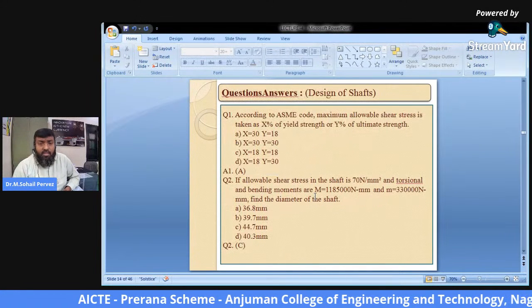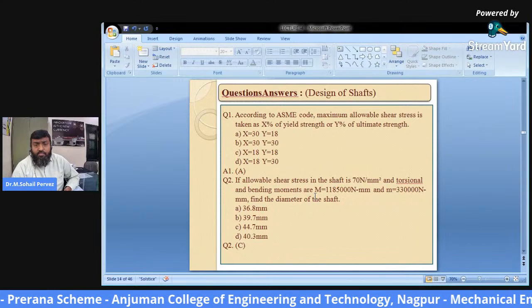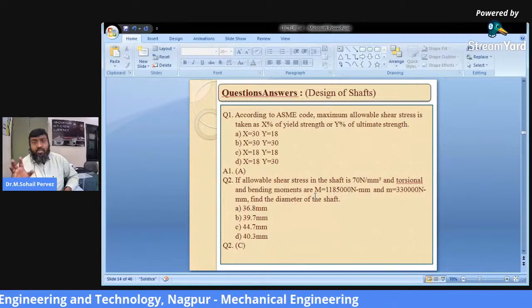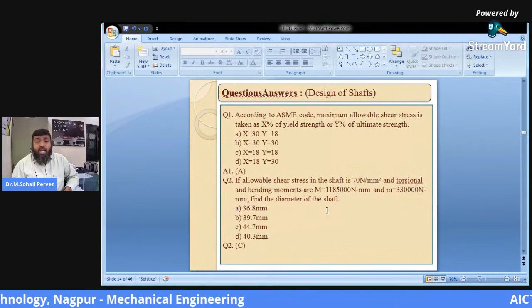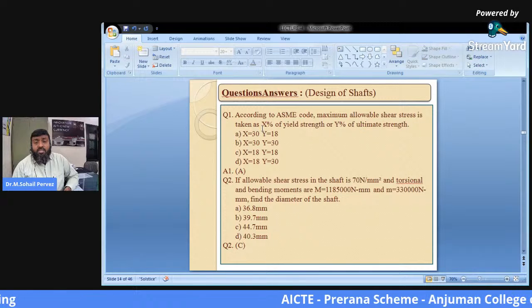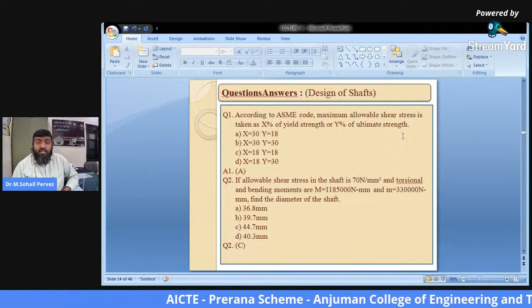Now here are some 1 mark questions, because again it is very important from the exam point of view. According to ASME code, maximum allowable shear stress is taken as a percentage of yield strength or percentage of ultimate strength.